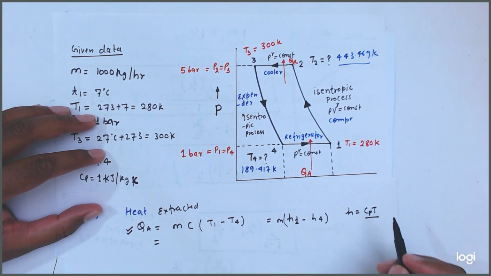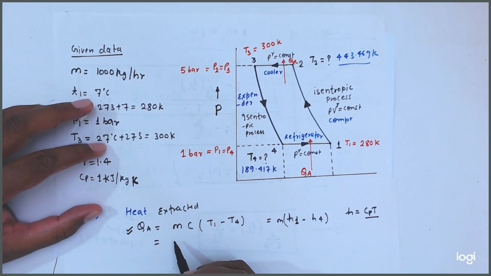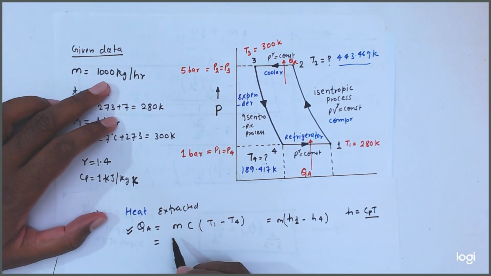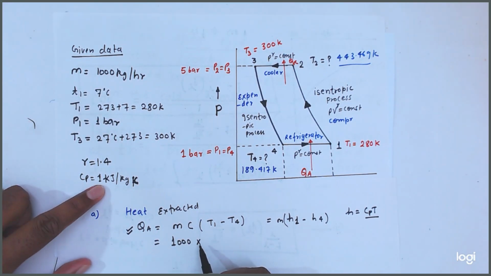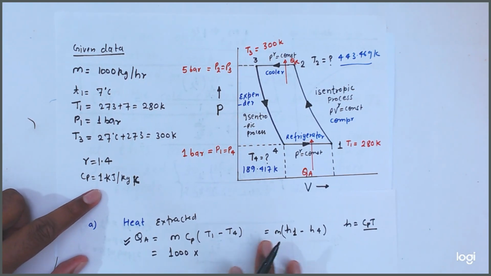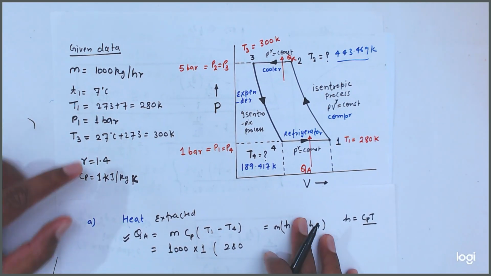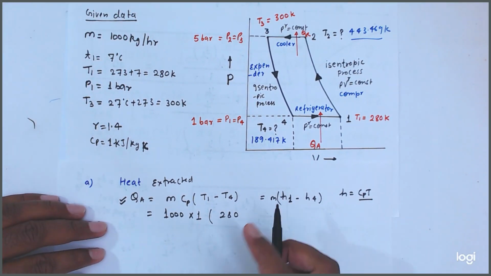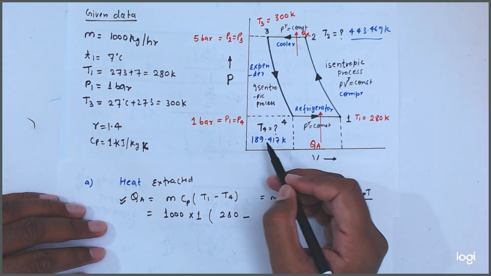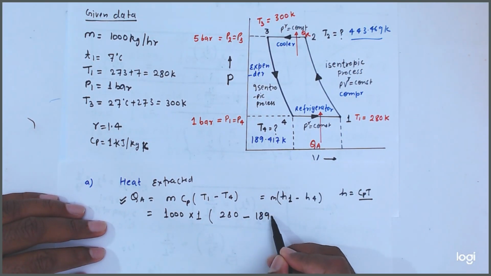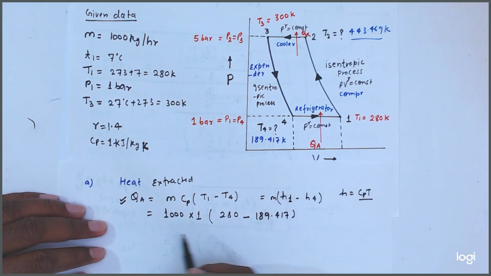Okay, so here mass is equal to how much per hour? Mass is equal to 1000 kg per hour. Cp is equal to 1 and T1 equal to 280 Kelvin minus T4 is equal to 189.417.